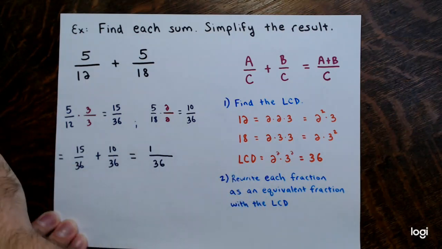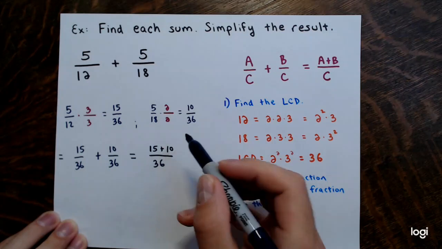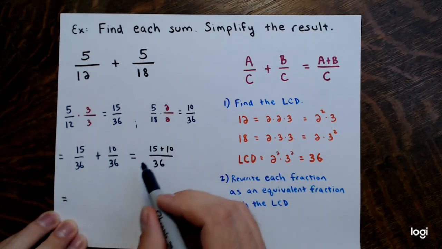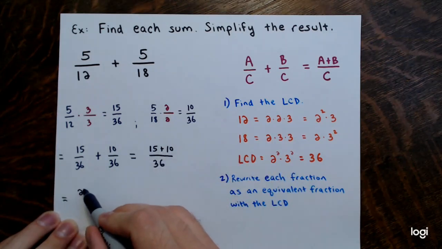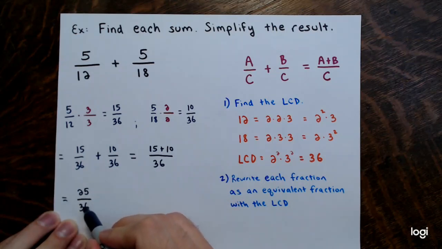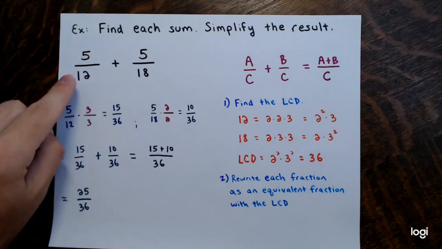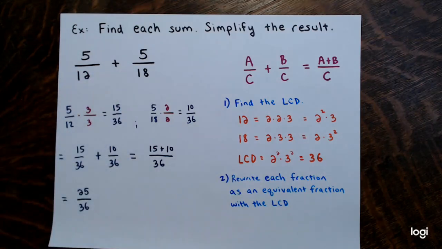So the new numerator is 15 plus 10, which is 25, and 36 is the denominator. And great, 25/36 is the sum of 5/12 and 5/18.